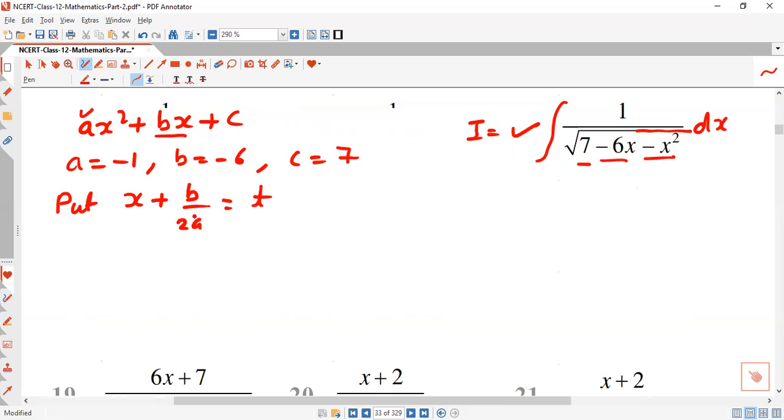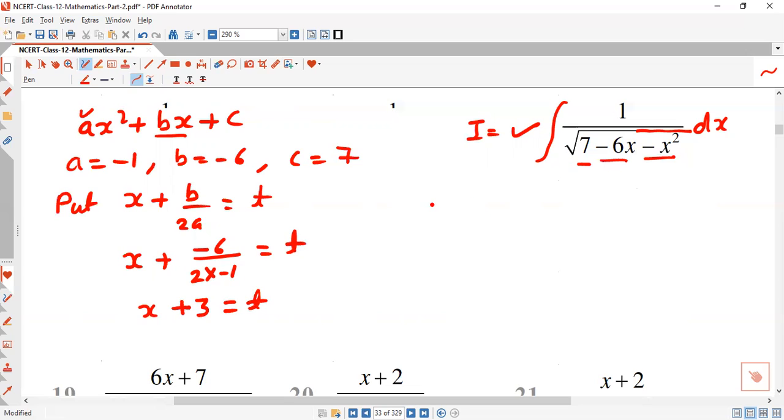So this becomes x plus, b is minus 6, over 2 into minus 1, equal to t. Minus minus cancel, 6 by 2 is 3, so x plus 3 equal to t.